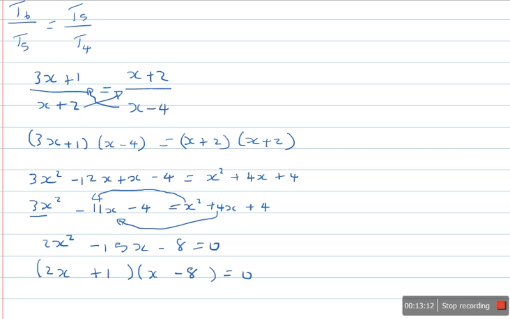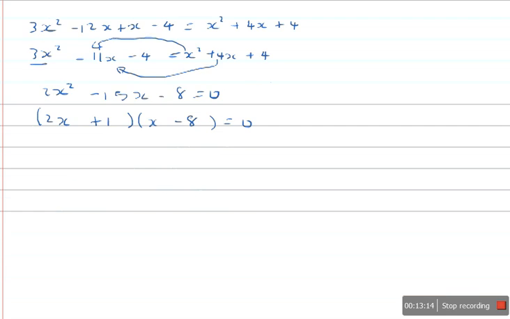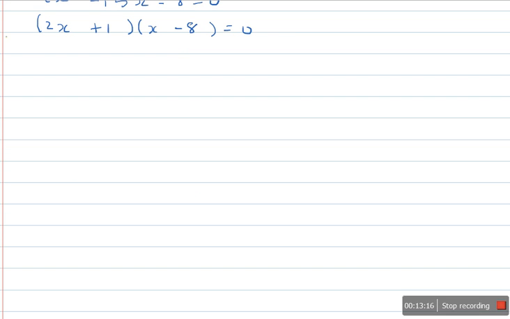So our x in this case is negative 1 over 2, and we also have x as 8. We must use x as negative half, and we also use positive 8.